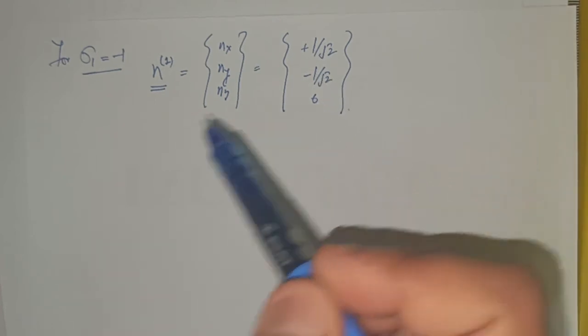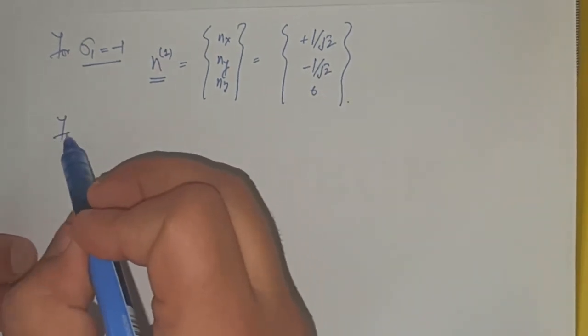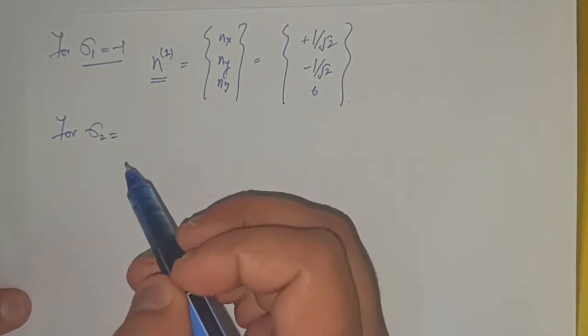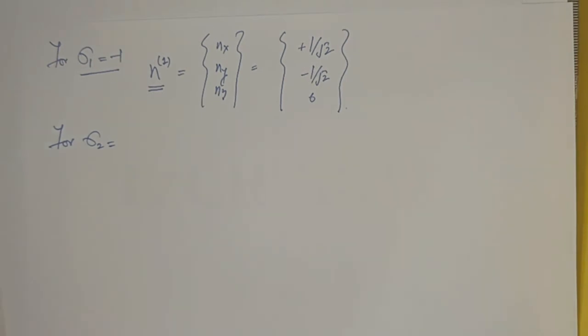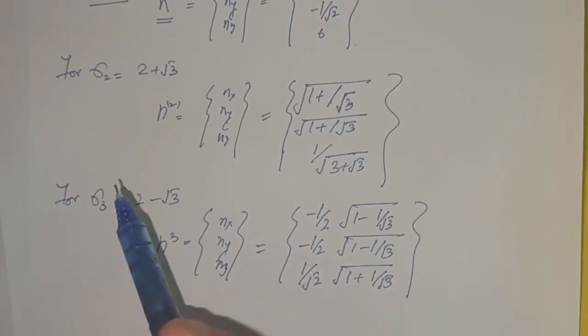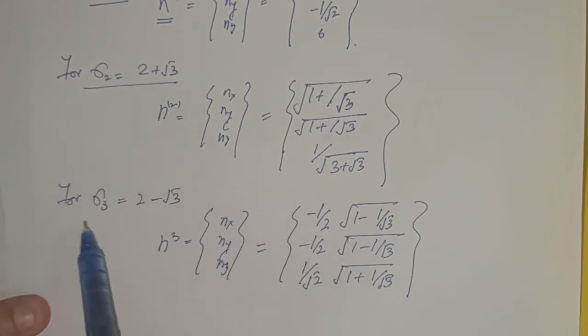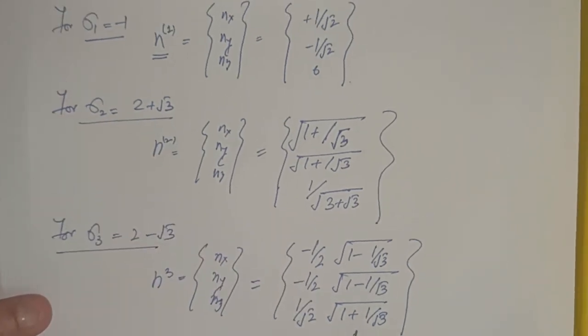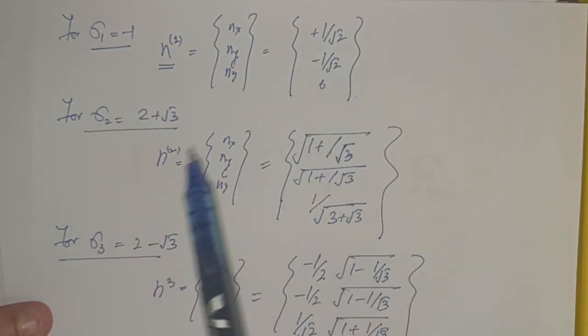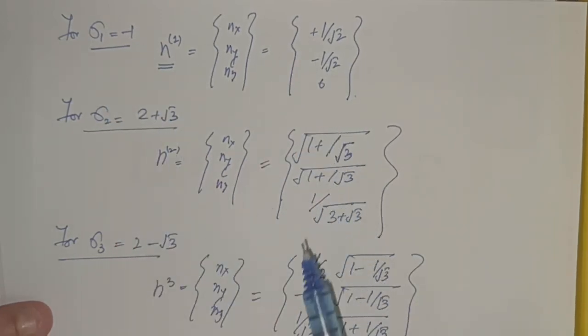In the same way, you will have the eigenvector for sigma 2 also. So what is the value of sigma 2? After solution, we will finally obtain the principal directions. For sigma 1, these are the principal directions. For sigma 2, these are the principal directions.